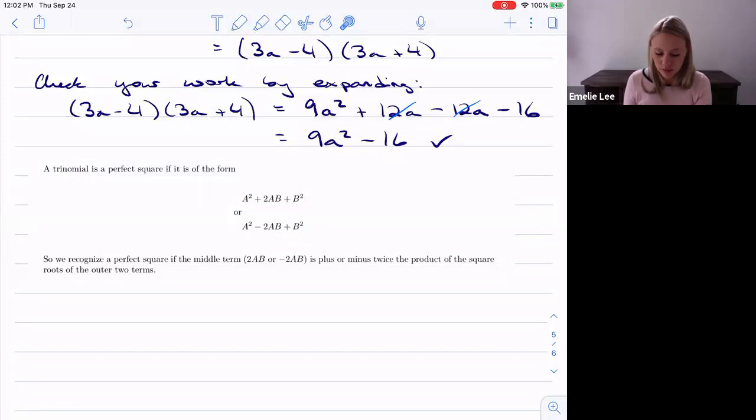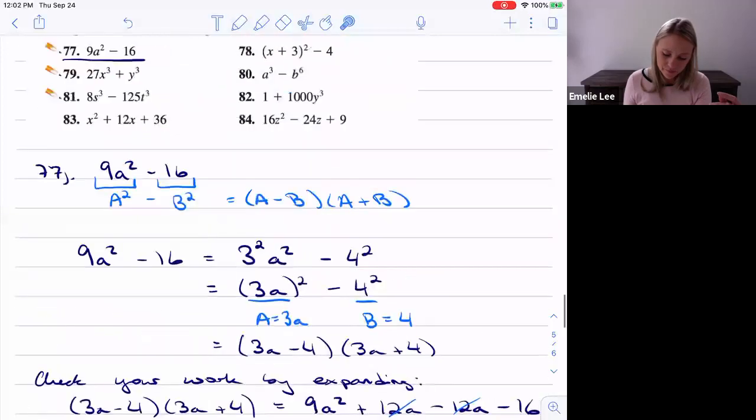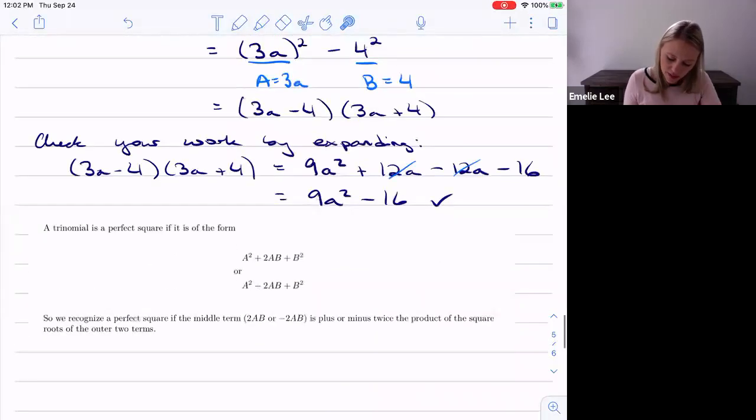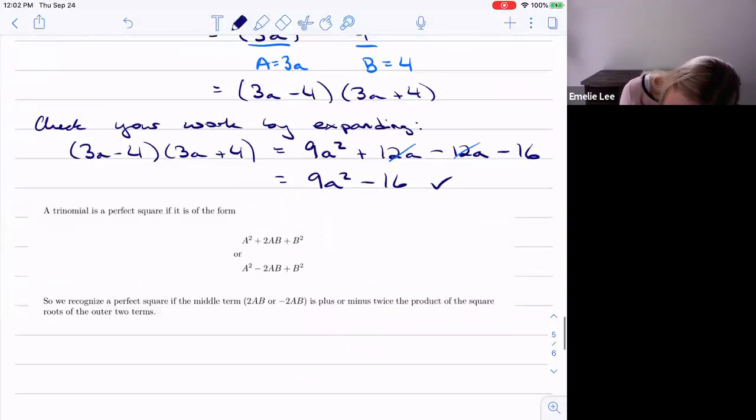These are going to be really useful to be able to recognize, especially in terms of factoring, right? Because it equals a plus b squared or a minus b squared.